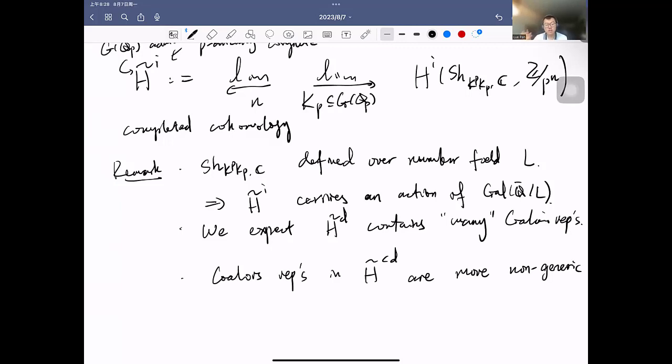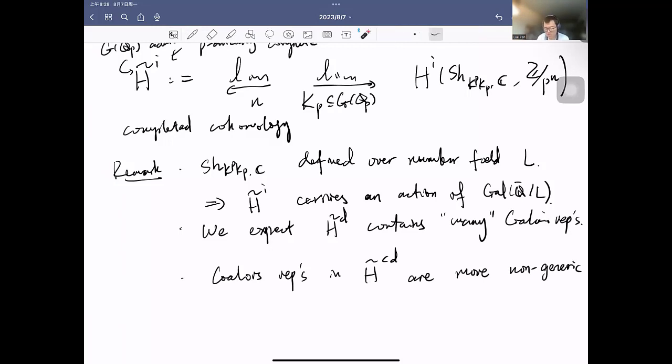For example, one possible precise meaning of this generic is in the work of Caraiani-Scholze. I guess you will hear more about this later this week in Hamann's talk.